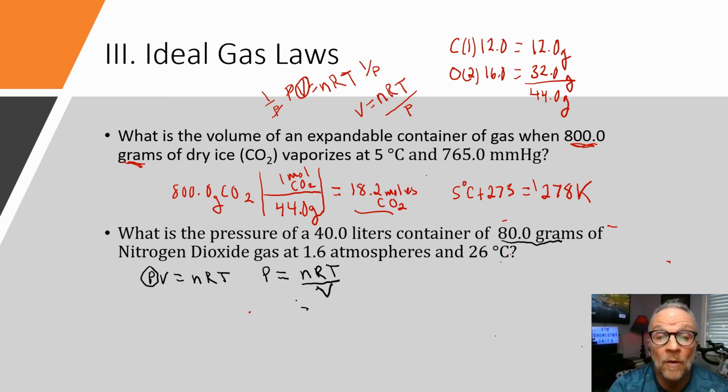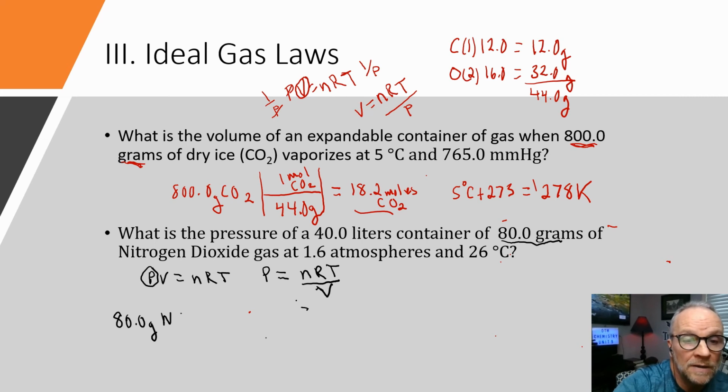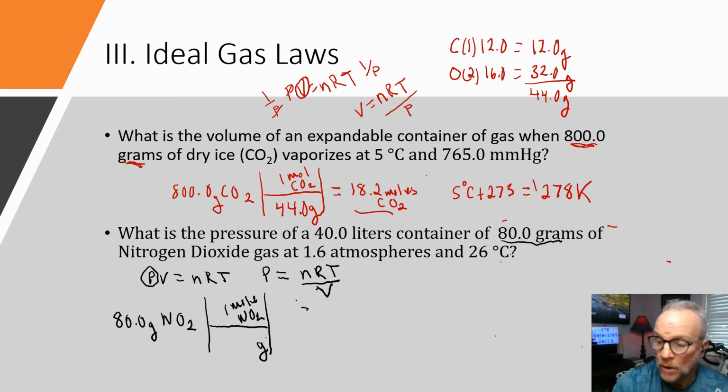And then 80 grams will have to change into the n value, or the number of moles. So you got 80 grams of nitrogen dioxide, NO2 gas, per 1 mole of the same. And if you'll permit me to do that for you, it's 46 grams.